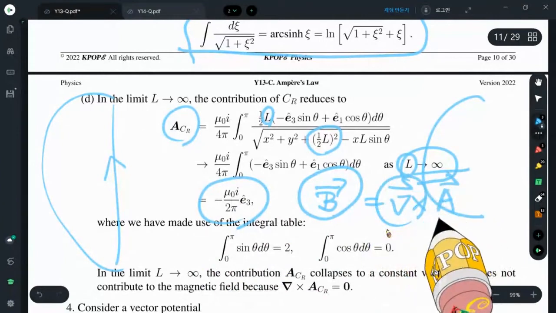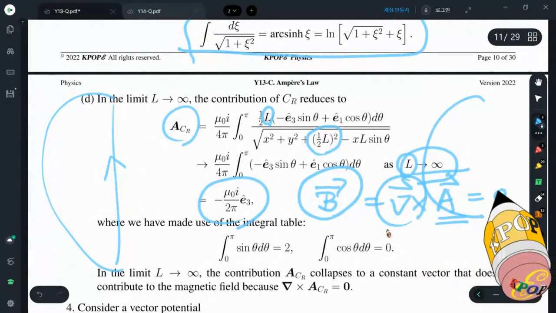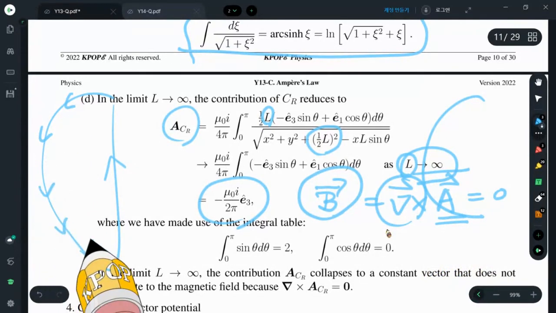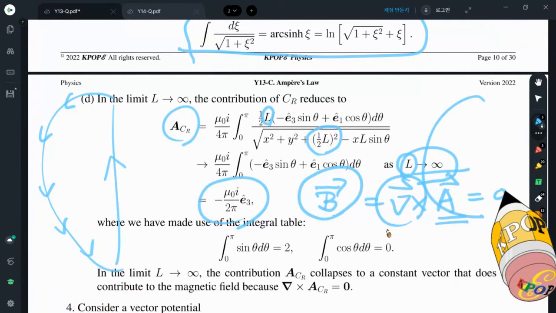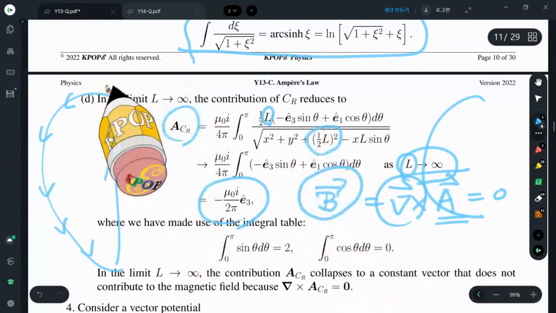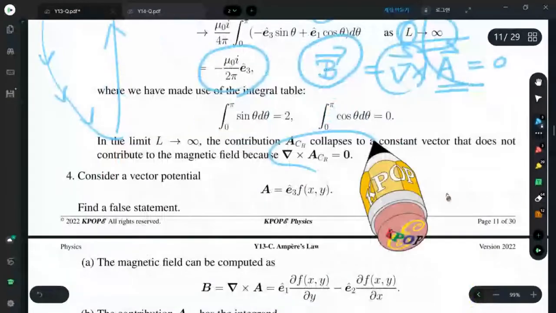And this is a derivative. If it is a constant, it is 0. Aha. So the contribution of this semicircle is absolutely 0 in the limit L goes to infinity. So we don't have to worry about this semicircle contribution. It is vanishing.